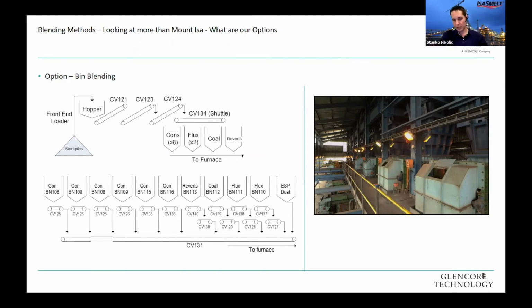But as you can understand, if you change concentrate rate quickly here, then potentially you may actually change your slag chemistry as well. Let's say you have one of your bins, which is one of the concentrates, which has a lower amount of magnesia alumina. If that one was to decrease in rate or stop, what would then happen is that you would have a high proportion of magnesia alumina in the slag in the furnace.